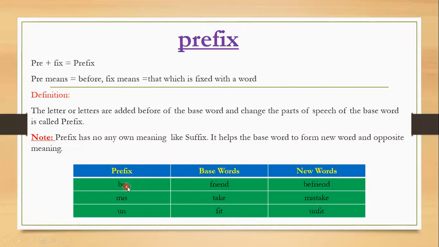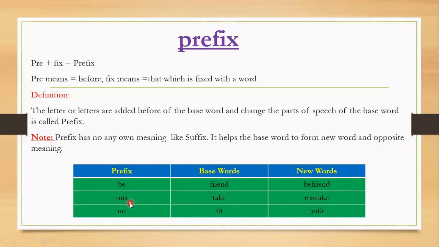Boys and girls, I have written here in the table, in the left column prefix, in the middle column base words or root words, and in the right column new words. Be is the prefix. Root word is friend. So now the new word is befriend.